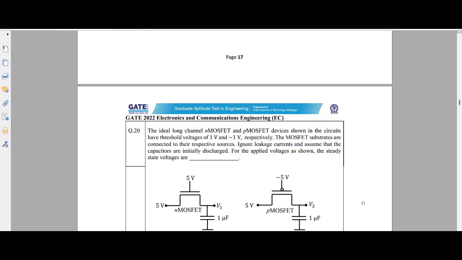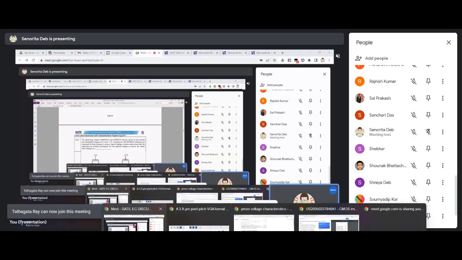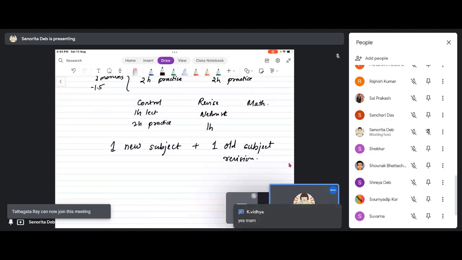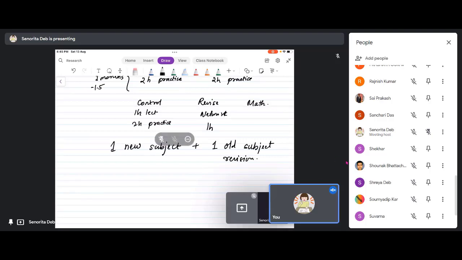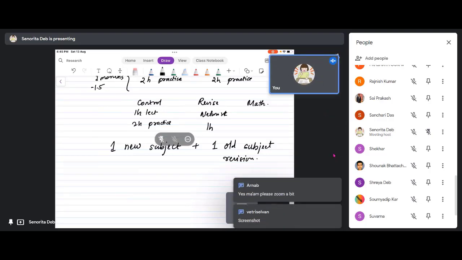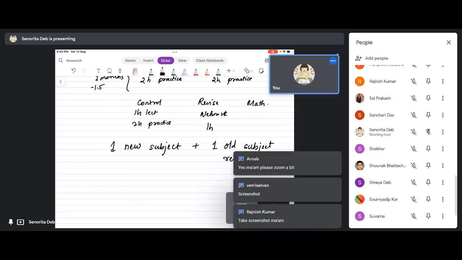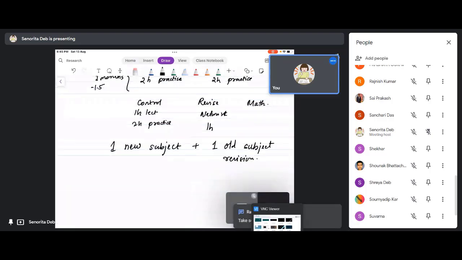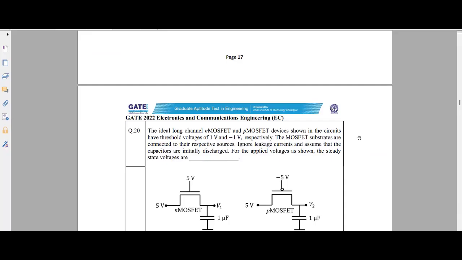Are you writing down the question? Okay, so you are still able to see that, right? Because I am sharing from another device as well. Are you still able to see the question? Okay, please take a screenshot of it then. Okay, just 1 second.